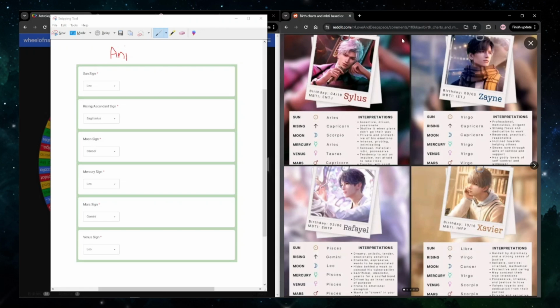Now I'm going to skip to the Venus and Mars here, because your sun and your moon for both of you are excellent matches. Because again, the same situation with Silas, where his moon is in water. Xavier's moon is in water as well, and it perfectly matches with yours.